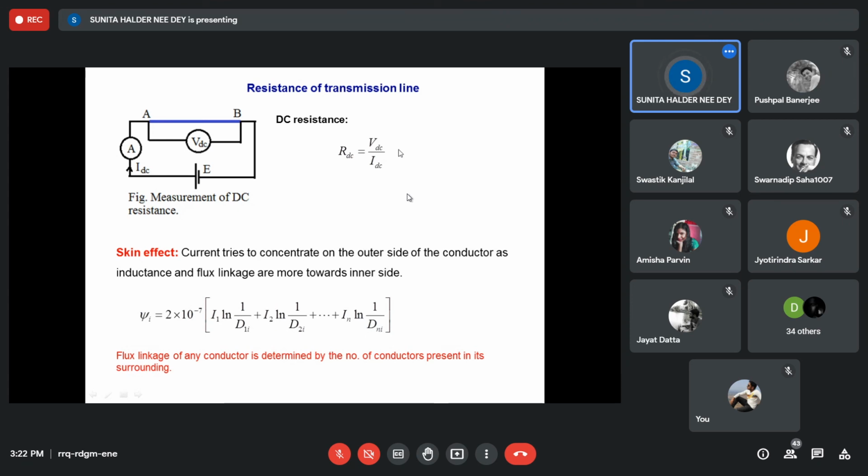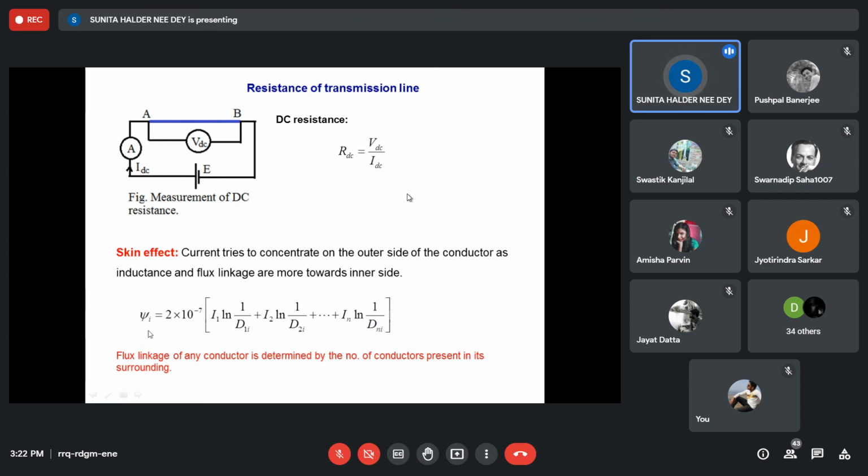But when AC current flows through the conductor, its resistance also changes. That effect is called skin effect. What is that? Current tries to concentrate on the outer side of the conductor, as flux linkage and inductance are more on the inner side. Why?